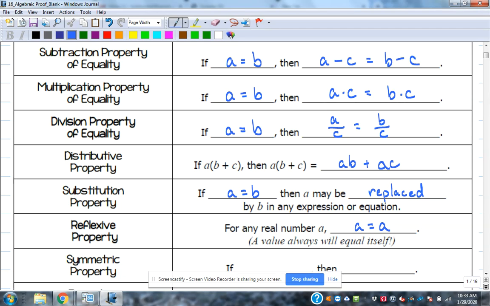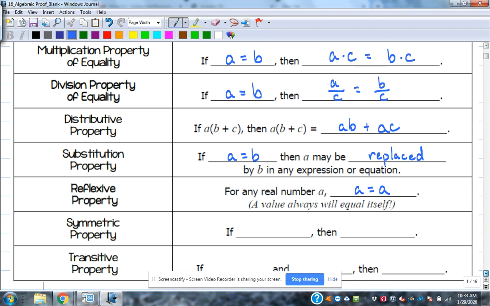The symmetric property, and this one and the reflexive property, for whatever reason, get mixed up a lot, and people use the wrong one for what they're doing. With reflexive, it's a mirror. It's exactly the same thing on each side. With symmetric, it turns it around. So if A equals B, then B equals A. That's what the symmetric property does.